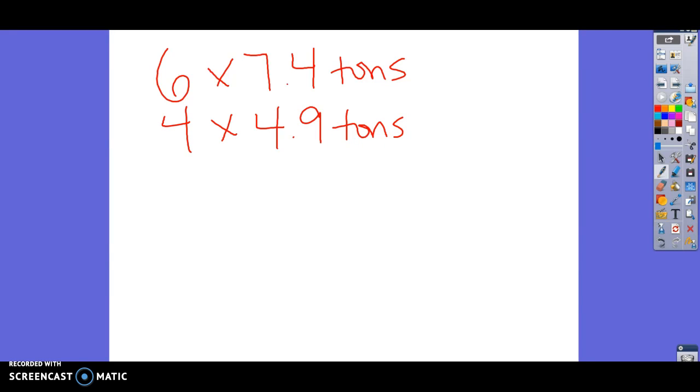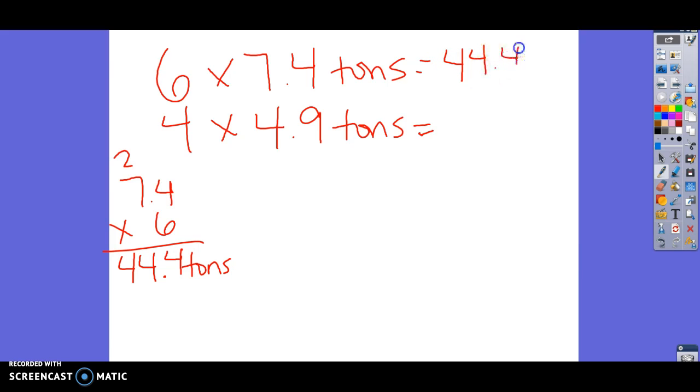We need to first figure out the tons for both sets of boxes. These larger boxes, the 7 4/10 tons boxes, would be 7 4/10 times 6. 4 times 6 is 24, carry your 2. 7 times 6 is 42, plus 2, 44. So 44 4/10 tons.